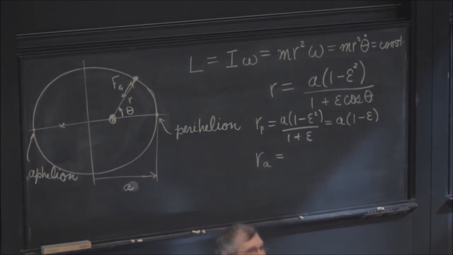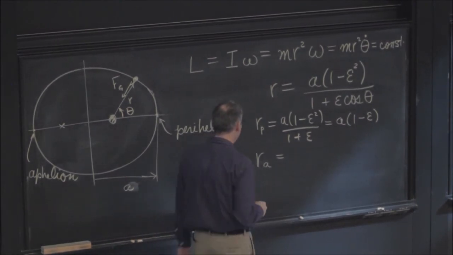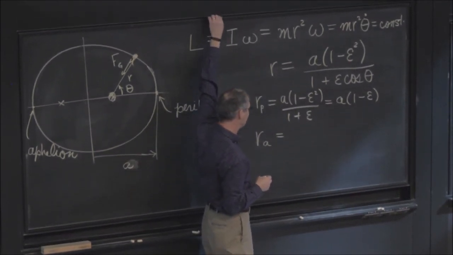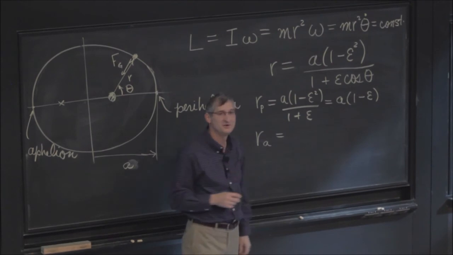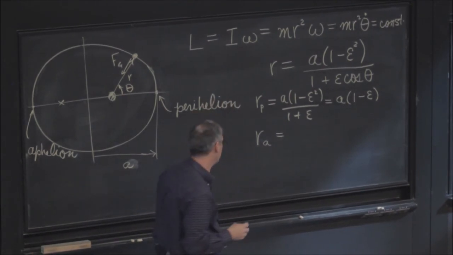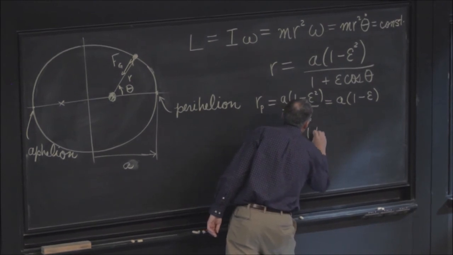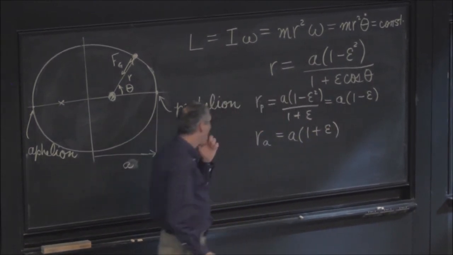Slap yourself if you said 0. Thank you, okay? In my universe, cosine goes between −1 and 1. And if in your universe it goes down to 0, you live in a strange universe. All right, so a times (1 + ε).